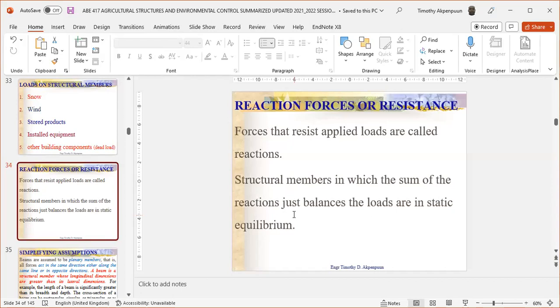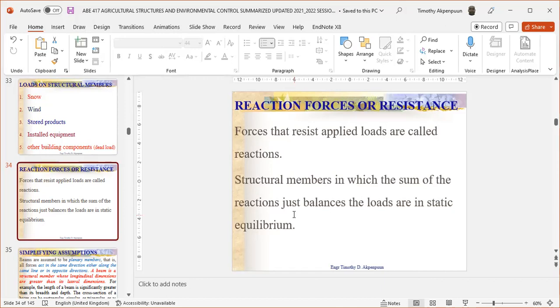If the chair is not strong enough and you are heavy, what happens? The chair breaks. That means the resistance provided by the chair is not enough to resist your weight. Therefore, any structure, seats, anything that is constructed must be able to resist applied load.